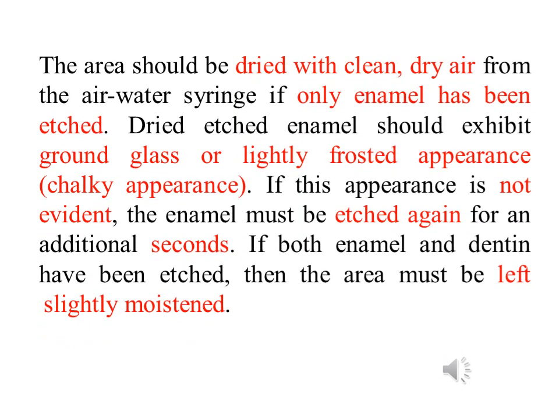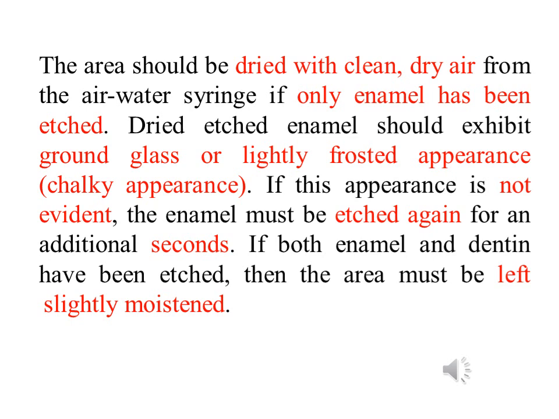Then after acid etching and washing, the area should be dried with clean, dry air from the air-water syringe if only enamel has been etched. Dried etched enamel should exhibit a ground glass or lightly frosted appearance or chalky appearance.